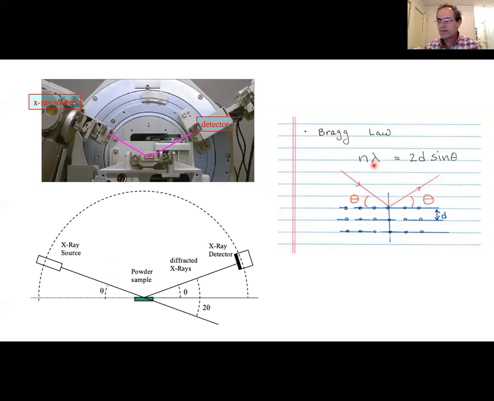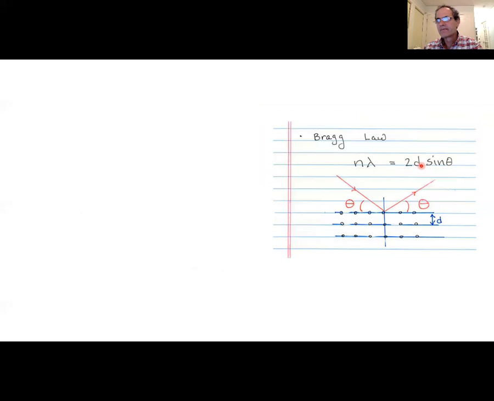And in this formula, remember, n is an integer, lambda is the wavelength of the X-rays, which is known, and theta is the angle measured from the plane, and finally d is the interplane spacing. So if we do this experiment and we measure an angle, we can use it to determine d, the interplane spacing. Sounds great, right? Only it's a little more complicated than this.